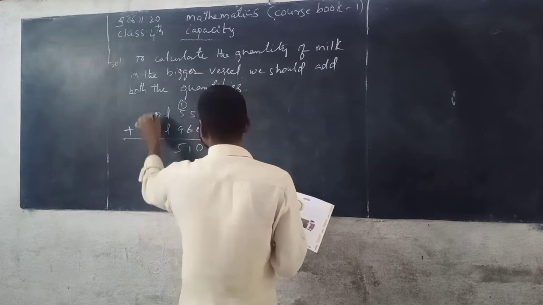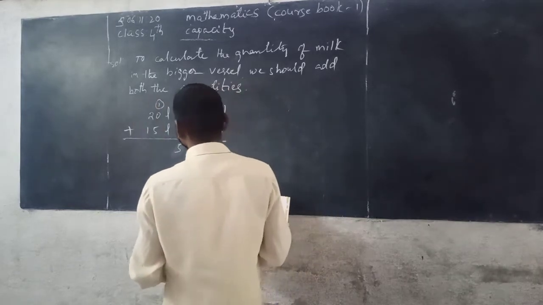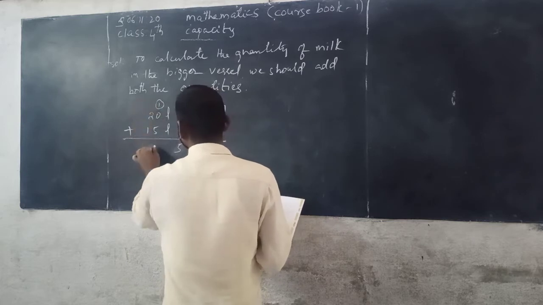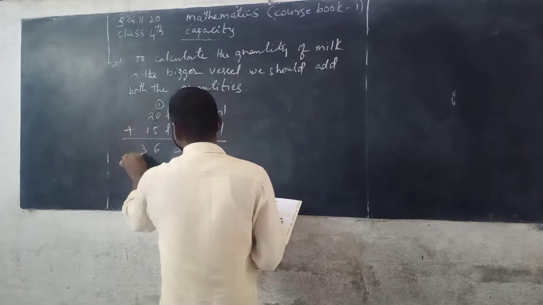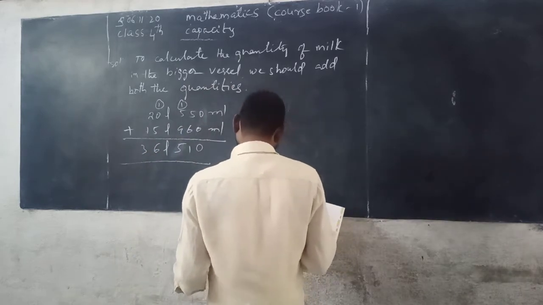See here 5, carrying 1. Now next, 1 plus 0, 1. 1 plus 5, 6. 2 plus 1, you can get 3. 36 liters and 510 milliliters.